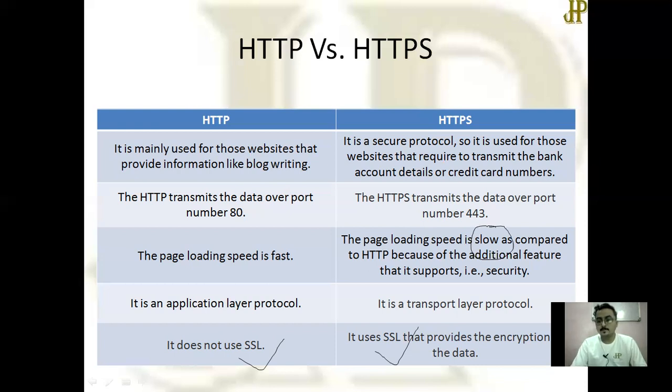HTTP transmits the data over port number 80, while HTTPS uses 443. HTTP is an application layer protocol, while HTTPS is a transport layer protocol. So I think it is very clear to you what is HTTP and HTTPS.